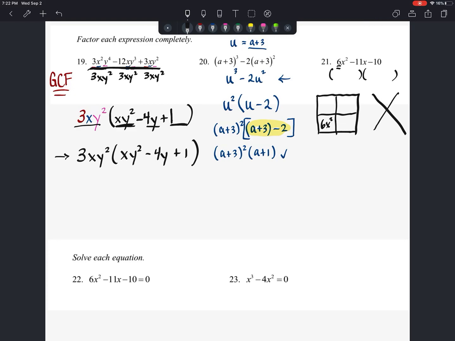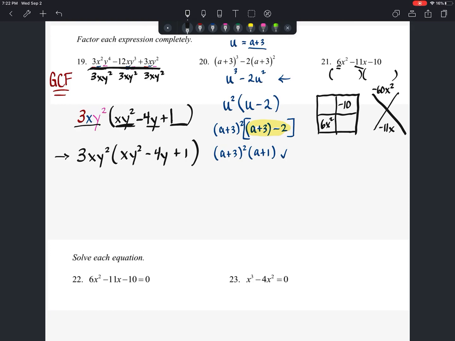Let's put the first term in down here, 6x squared. We'll put the negative 10 here. We multiply them and get negative 60x squared. That goes in the top. What goes in the bottom? It's the middle term, negative 11x. I need 2 numbers that multiply to give me negative 60, but when I add them, I get negative 11.